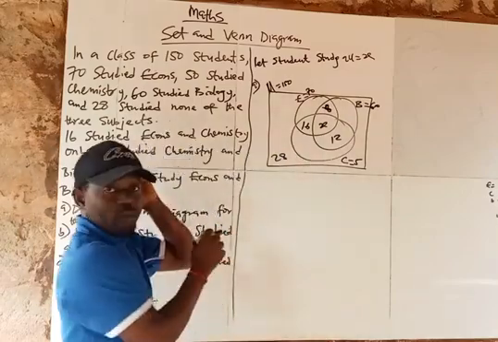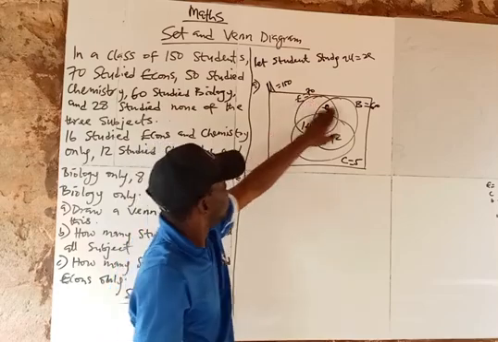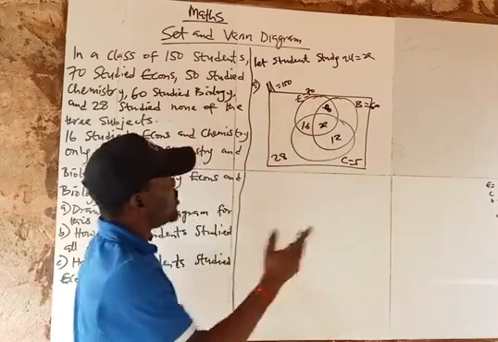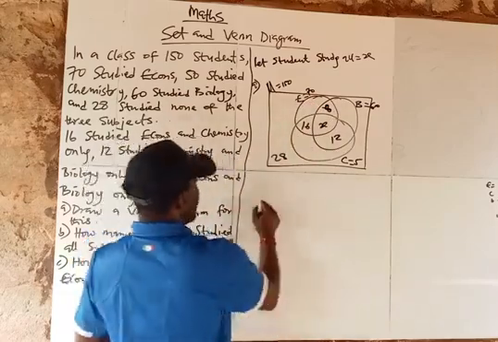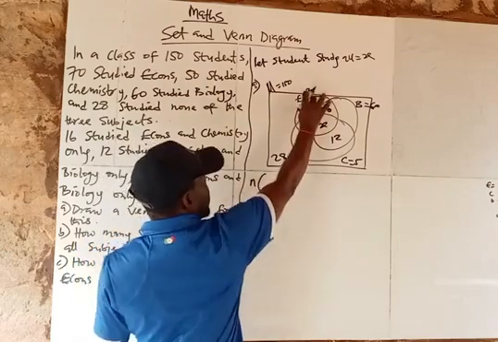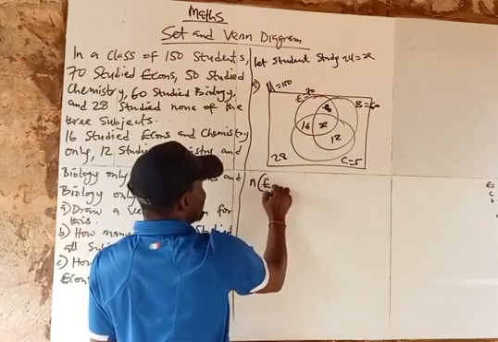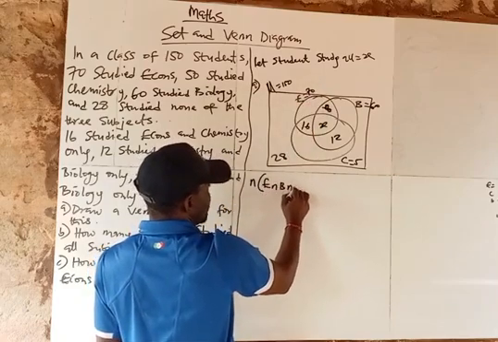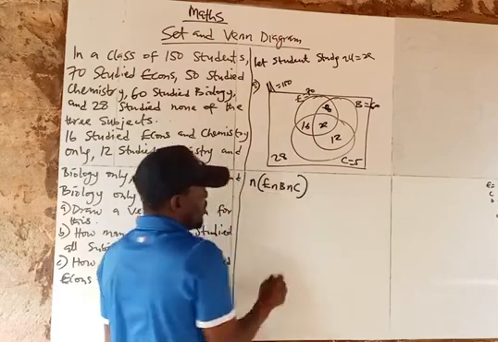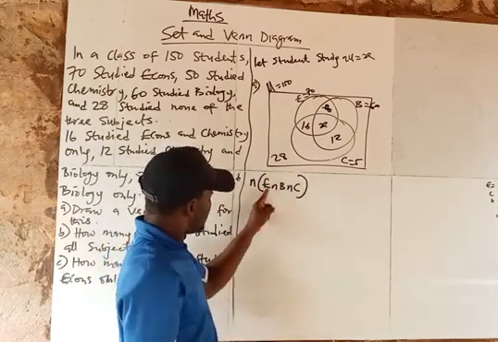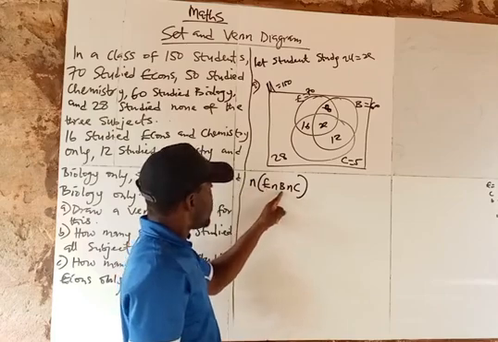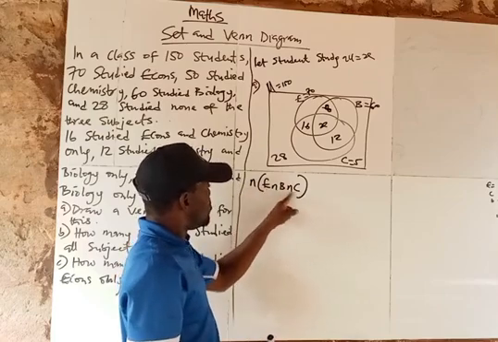Now, we have not completed the Venn diagram because we need to fill here, here, and here. How do we do that? For economics, we are looking for only this place now, for economics alone. So we have economics intersection biology prime, intersection chemistry prime. Because we are going to determine only economics, these ones will not be reflected.